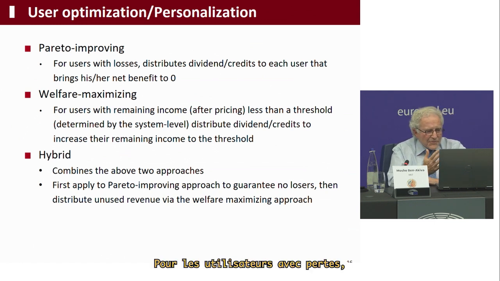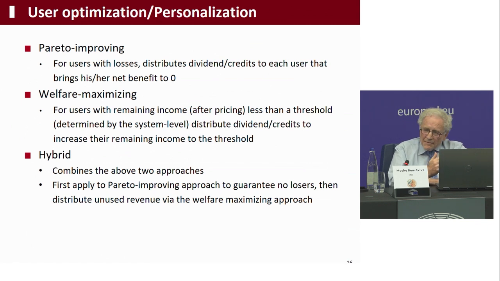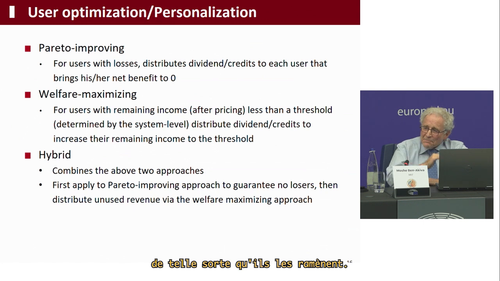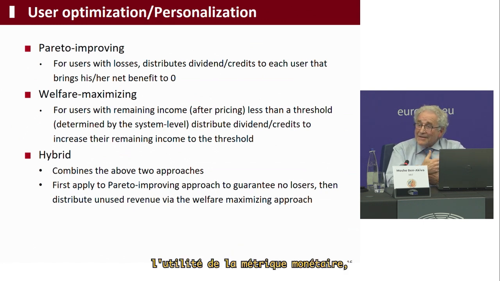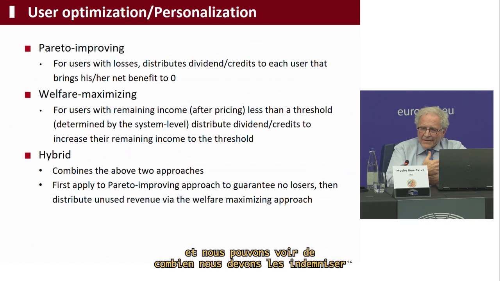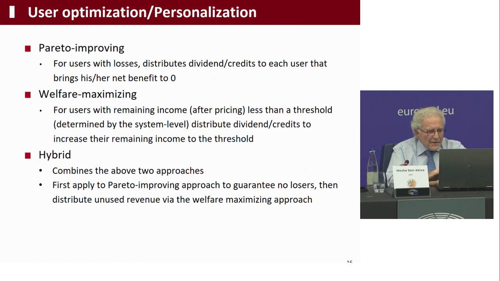So for users with losses, we distribute dividends or credits to each user such that it brings them back. We can calculate the loss because we know their utility, their money metric utility, and we can see how much we need to compensate them in order to bring them back to the previous situation.